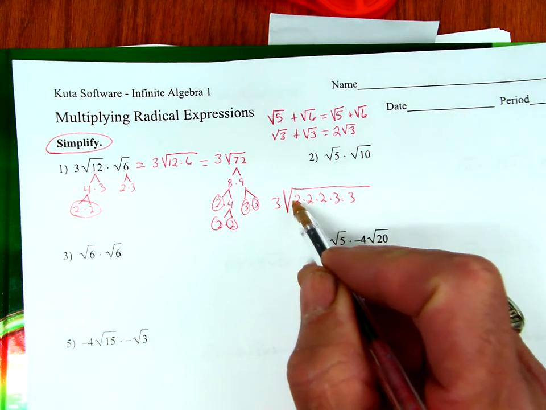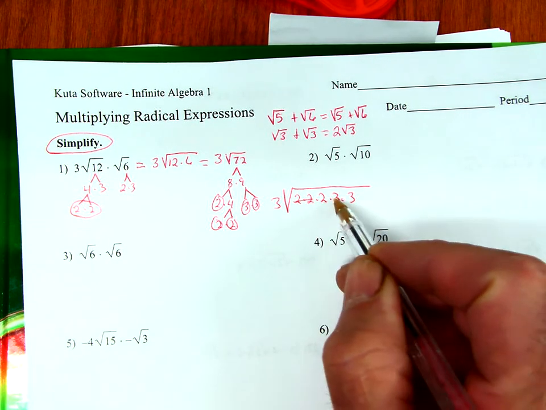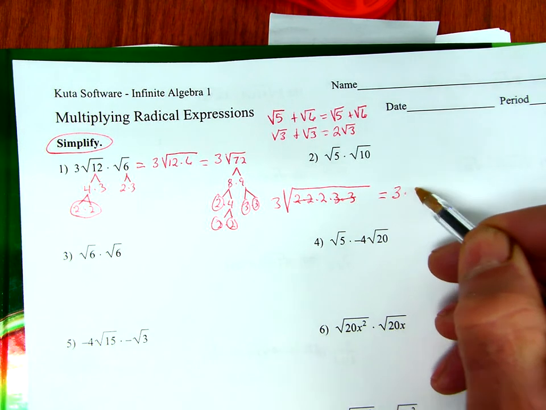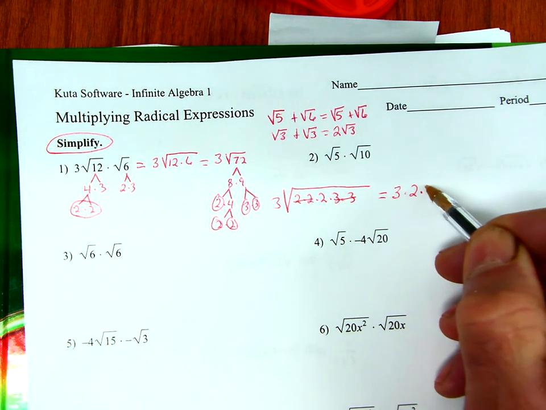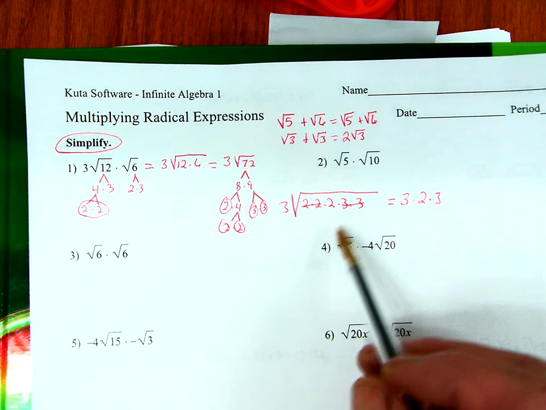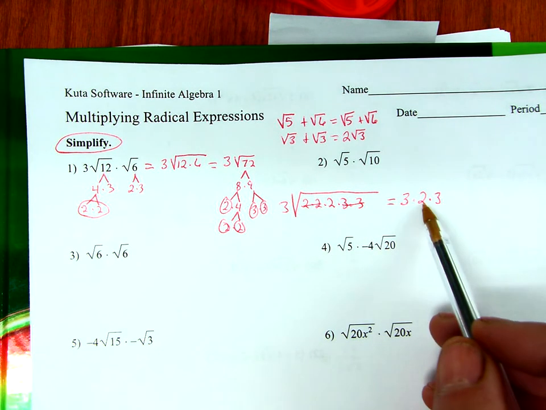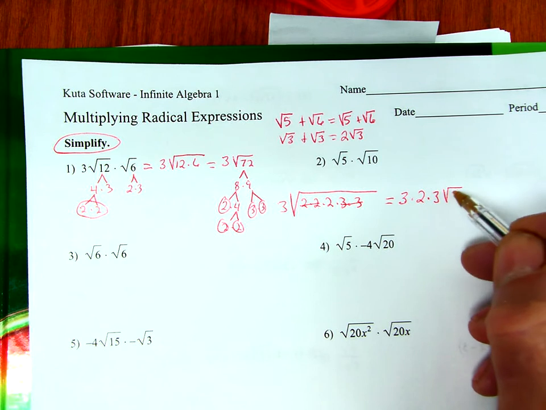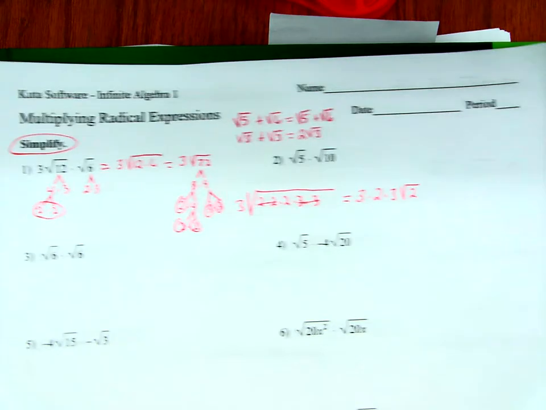Now in this we have a pair of 2's and we have a pair of 3's. So each of those gets brought out as a single item. There's the original 3. That's for the 2's. That's for the 3's. And under the radical we still have a single 2.